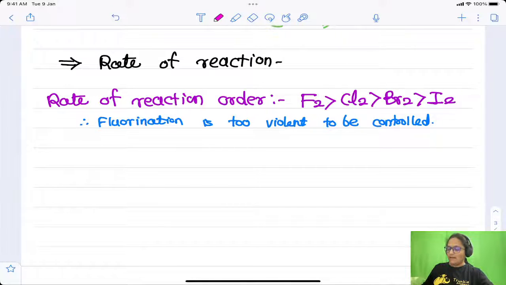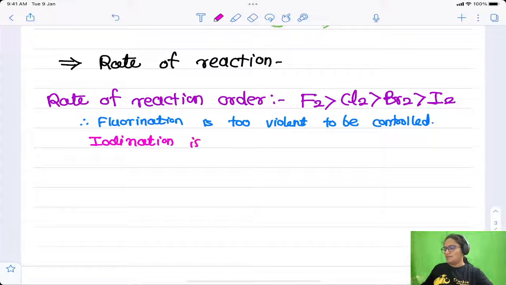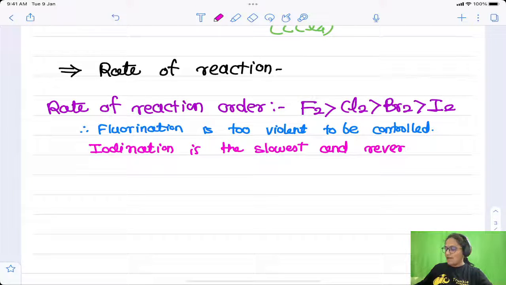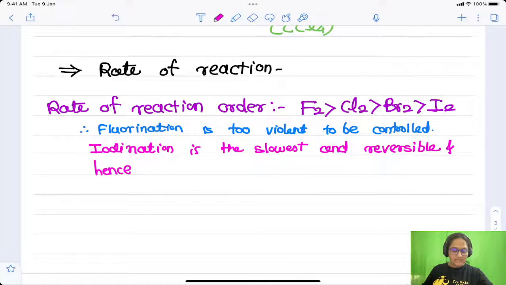And iodination is the slowest reaction, and as it is slowest, it is also reversible. As iodination is reversible, to avoid that reversible reaction we use some oxidizing agent.